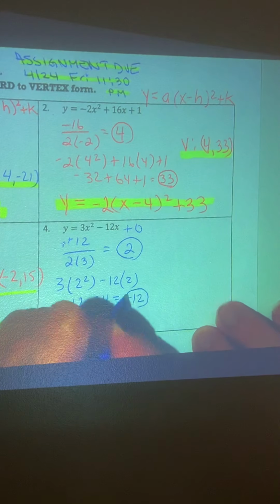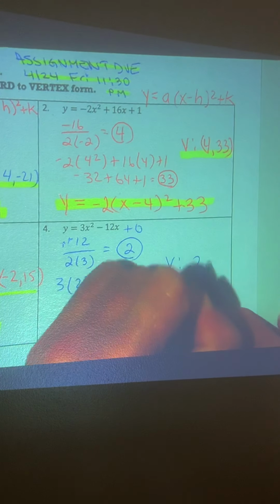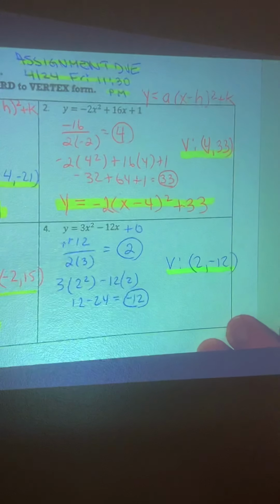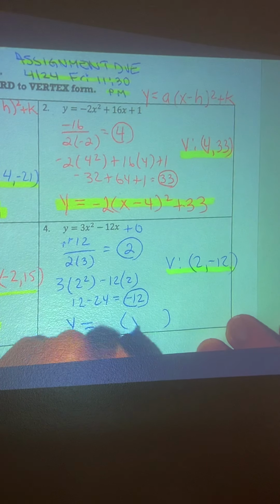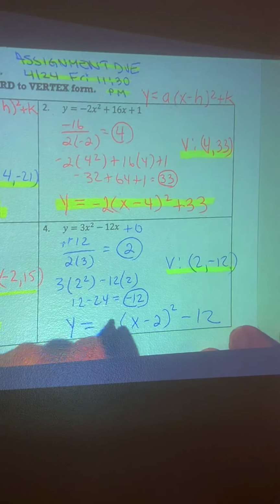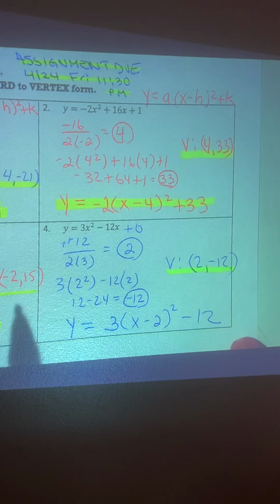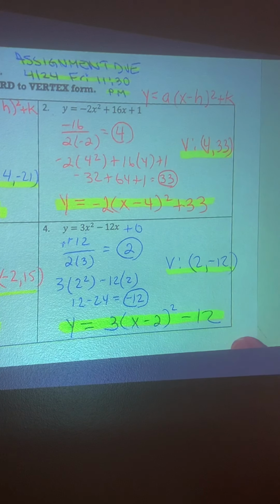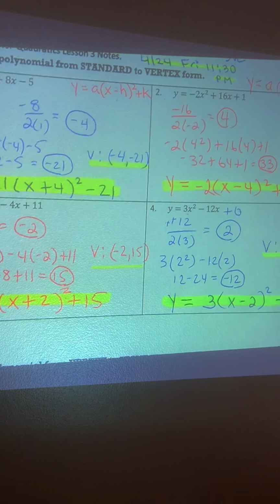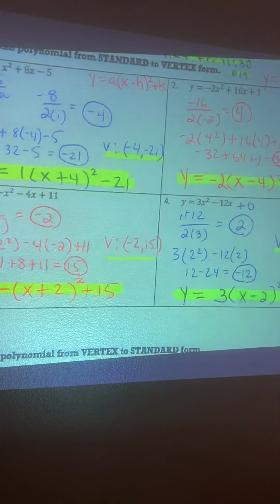Vertex is (2, negative 12). Plug it back in. Y equals, x minus 2 squared minus 12. A is 3. Oops, wait, I forgot a square on number 3. Sorry about that. And there you have going from standard to vertex.